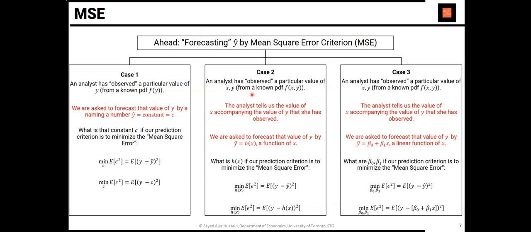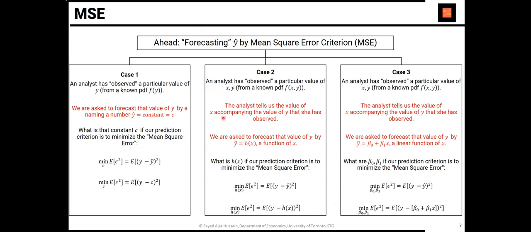Now, something different. See how the information has changed? I'm going from a marginal PDF to a joint PDF. Some observer, an analyst, has picked a particular value of x and y. There are x and y's here. She picks one pair, x and y. She doesn't tell you the value of y, but she does tell you the value of x.